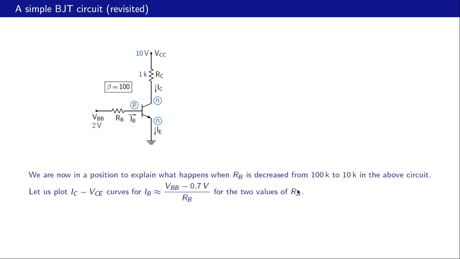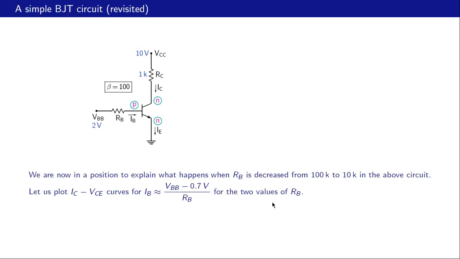So what we will do is plot IC versus VCE for two values of IB, for 100K and 10K. And as we have seen earlier, if we take this voltage as approximately 0.7 volts, then RB times IB is 2 volts minus 0.7, so that is 1.3. So IB is 1.3 by 100K or 1.3 by 10K, depending on the value of RB.